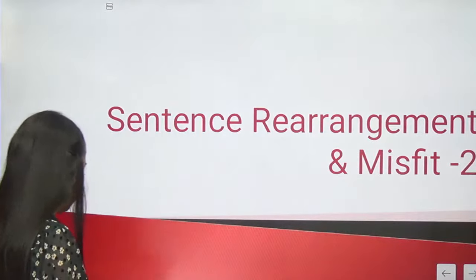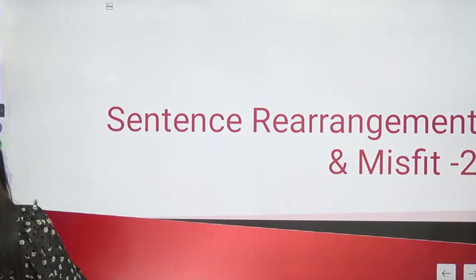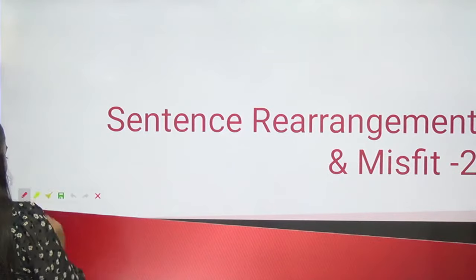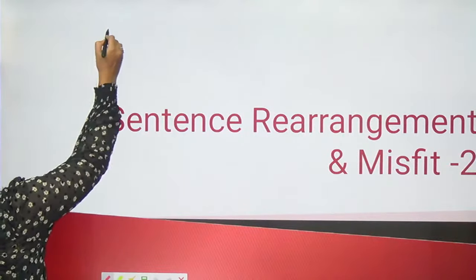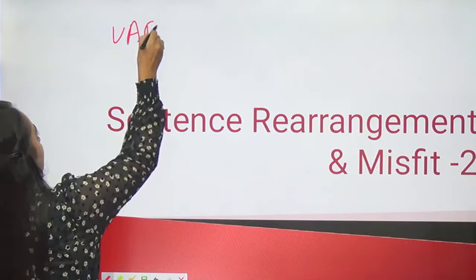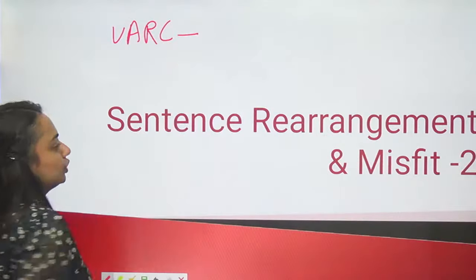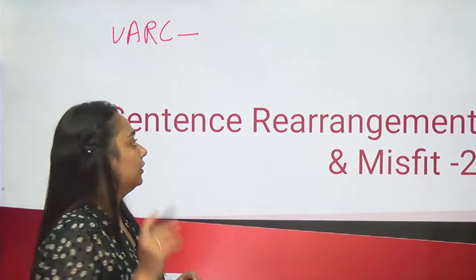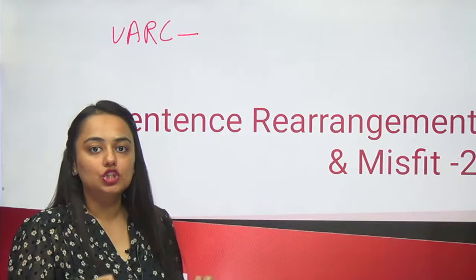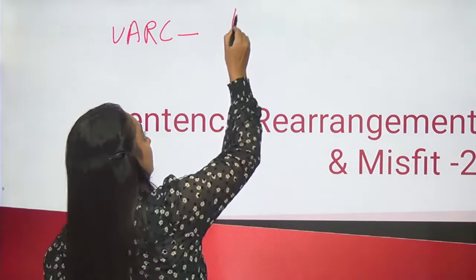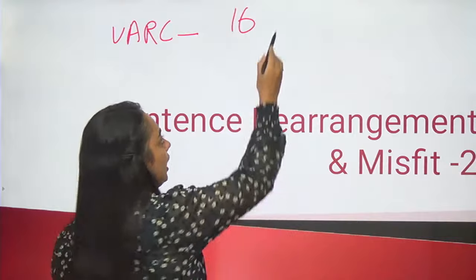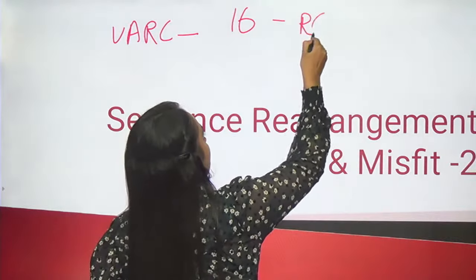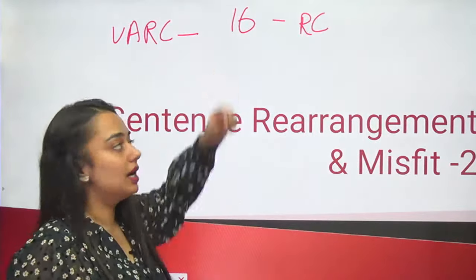If you remember the pattern of the CAT exam, and especially the VARC section, the verbal ability and reading comprehension section, you get 4 types of questions. The first, and the bulk, is covered by the 16 questions of RC. So the maximum questions are from RC.